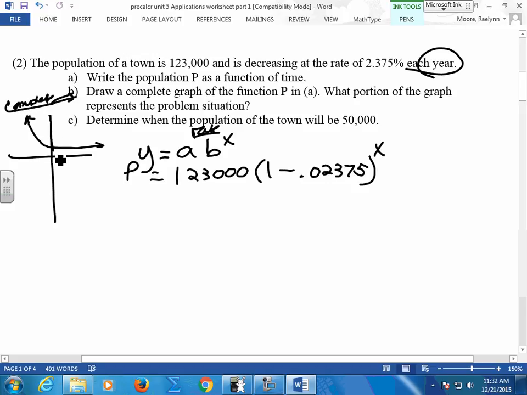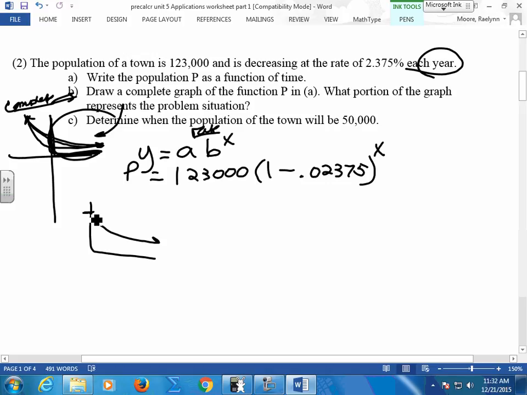The problem situation. Quadrant 1 is where I'm decreasing. I should have made it a little bit sharper than that, but quadrant 1 is where I'm decreasing. So what we look like is this. We started out at a max, and we decreased.